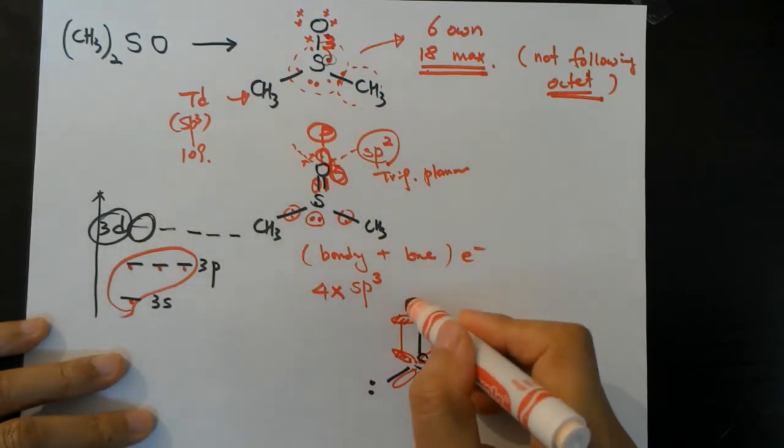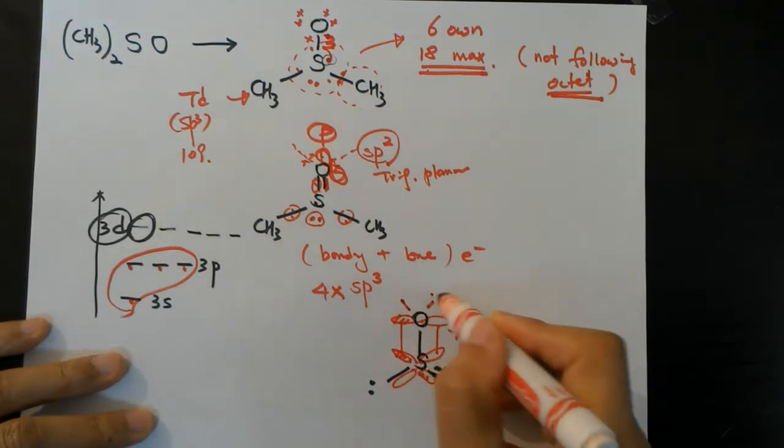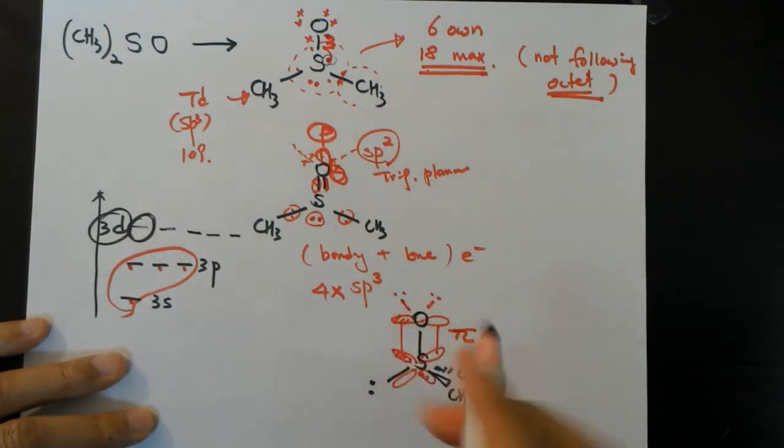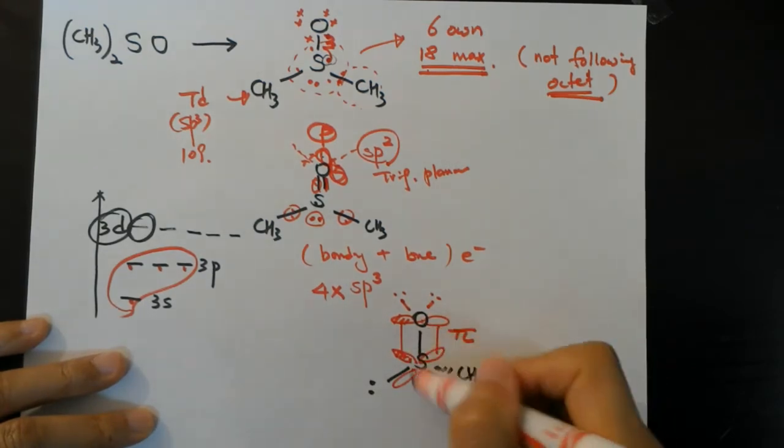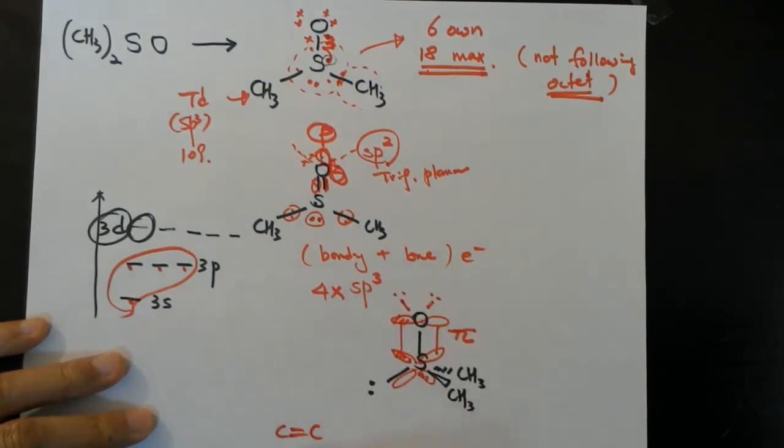Only around the oxygen they are planar, but overall in this pi bond area, unlike the carbon-carbon and carbon-oxygen we have seen before, it's not planar. So shockingly, it's tetrahedral with the 109 angle, and the hybridization type is sp3.